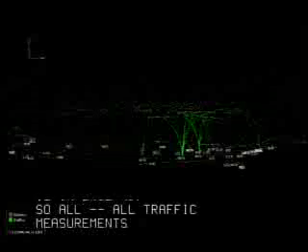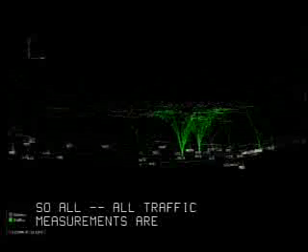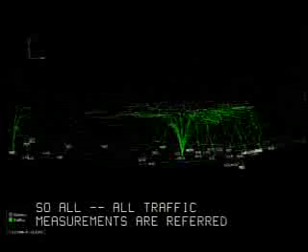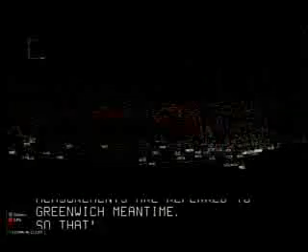You may be wondering why pick 7 p.m. This is a holdout from the British days, where all traffic measurements are referred to Greenwich Mean Time. So that's why this odd thing about the movie starting at 7 p.m. and ending at 7 p.m. the next day. Can I have the animations, please?